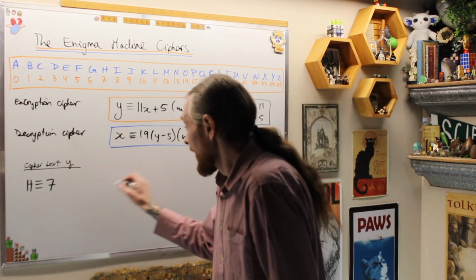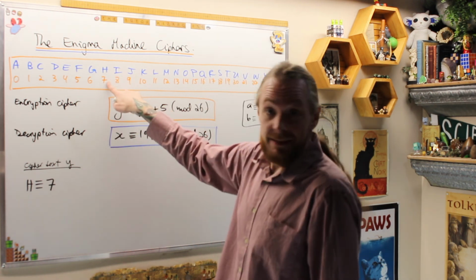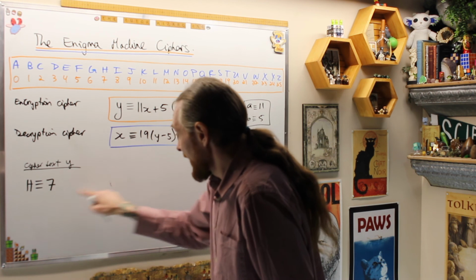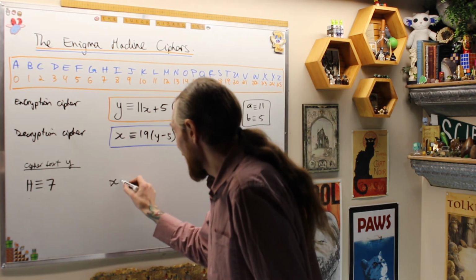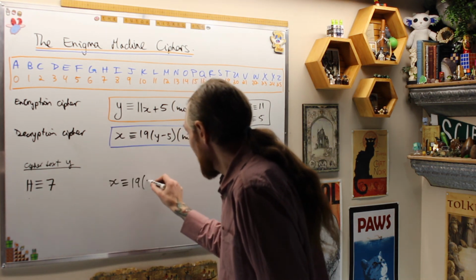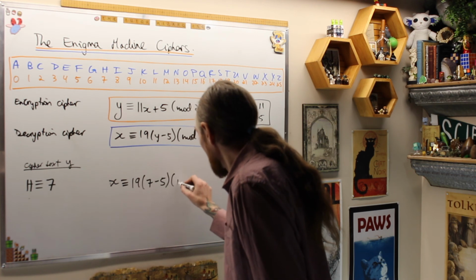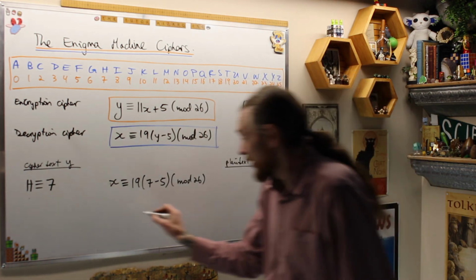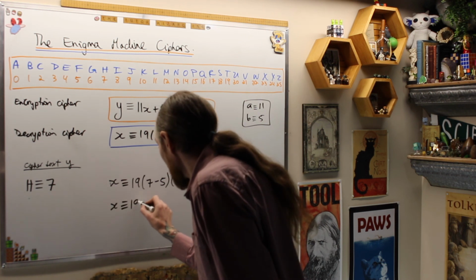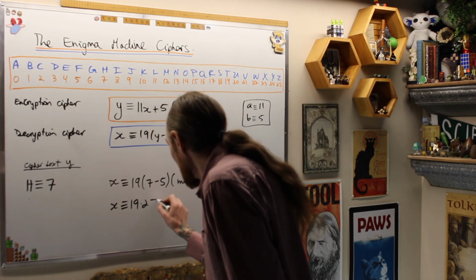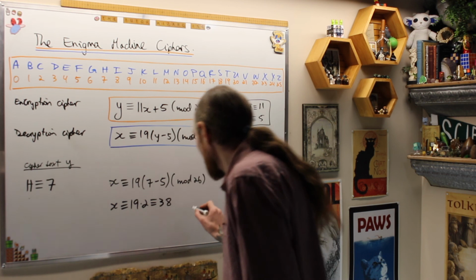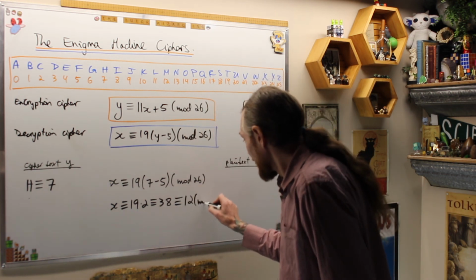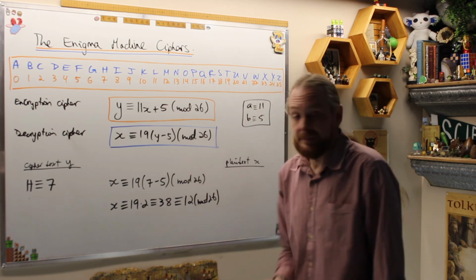In this case, H is a 7, I see, as a number. And so from this ciphertext Y, I'm going to get X is congruent to 19 times (7 minus 5) mod 26, which is 19 times 2, which is 38, which is congruent to 38 minus 26, is 12 mod 26.